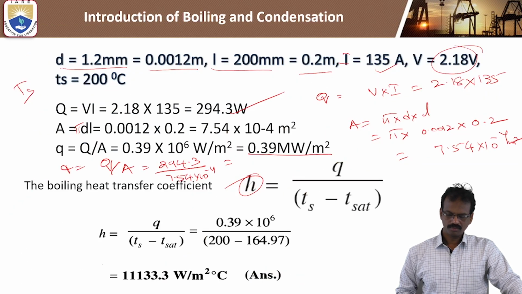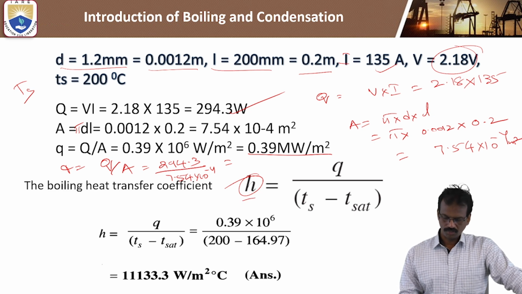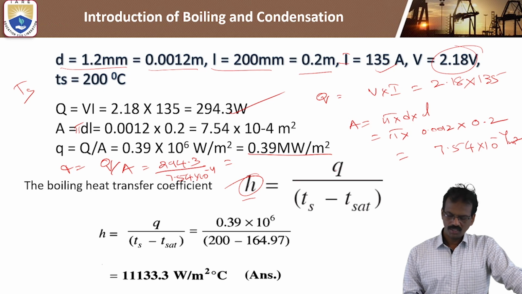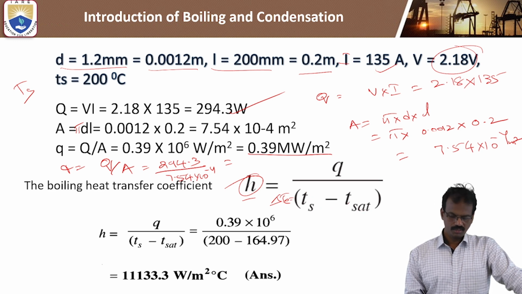So next we will see the h value, the heat transfer coefficient. h is equal to small q by delta T. Delta T is the surface temperature minus the saturation temperature of the liquid. So these two values have been given.